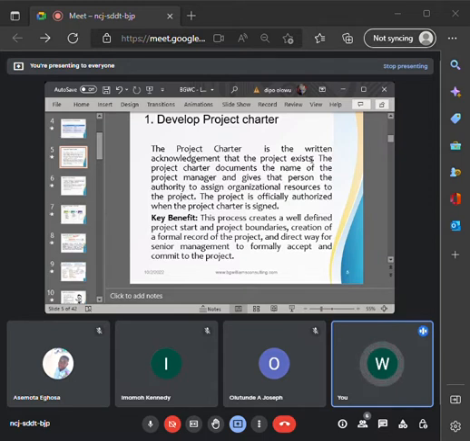Because the project charter technically will show the time the project will start and the time the project will end. All right. So technically, a project charter simply shows that the project exists. And it also shows that your name as the project manager must be incorporated in that document.